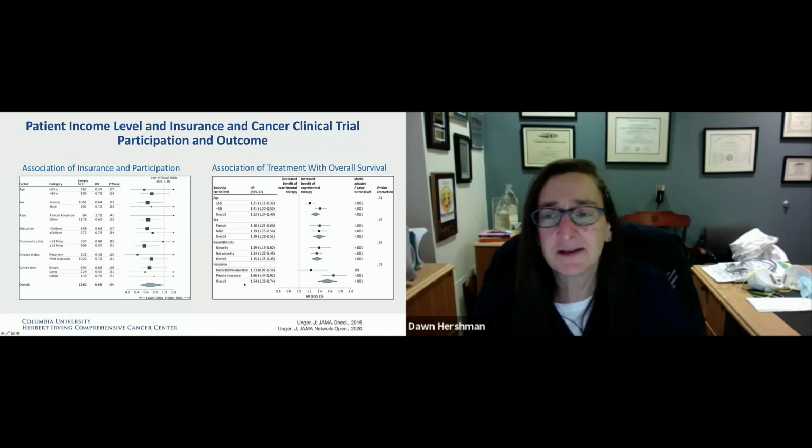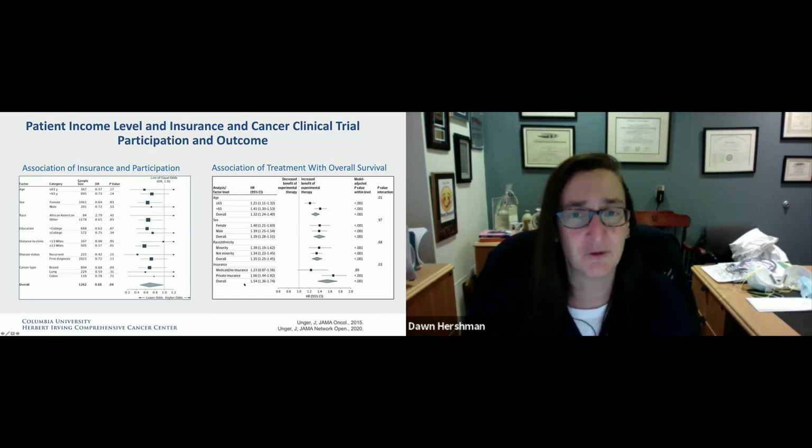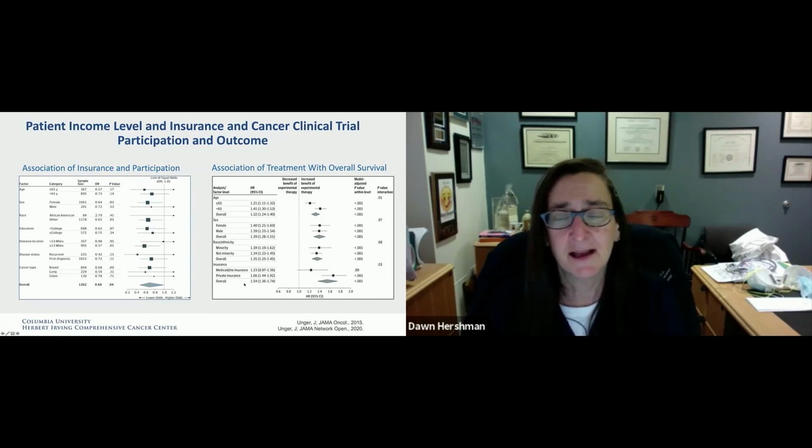Similar results recently have been used to inform policy, showing issues related to insurance affecting clinical trial results. Two trials using SWOG data have shown that patients with less insurance, patients specifically with Medicaid or no insurance, are less likely to be enrolled in clinical trials.